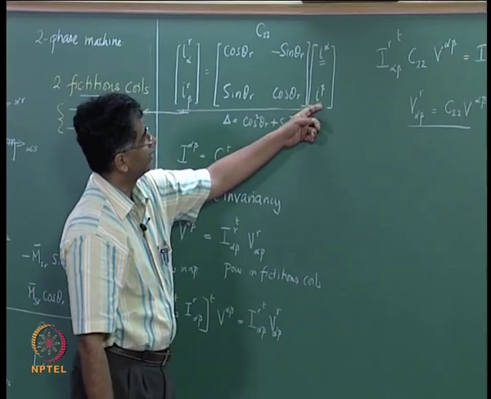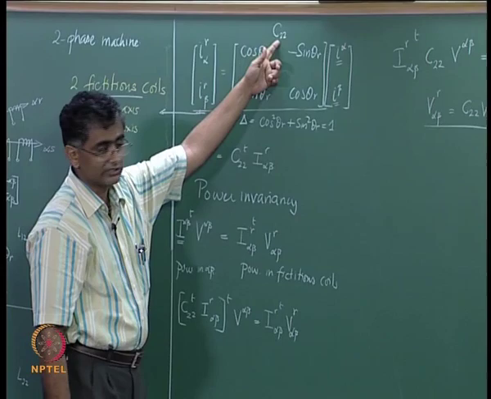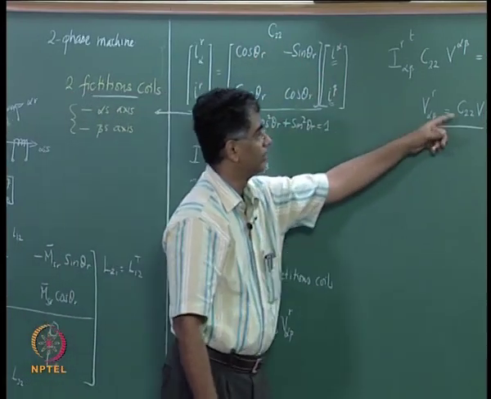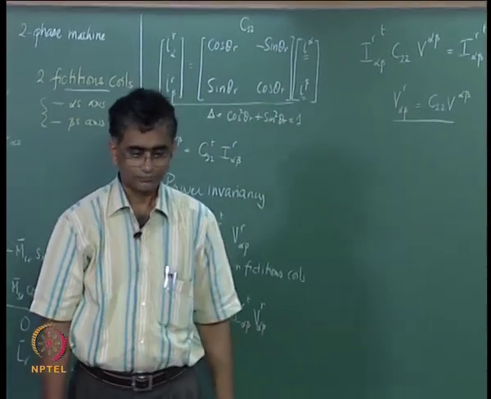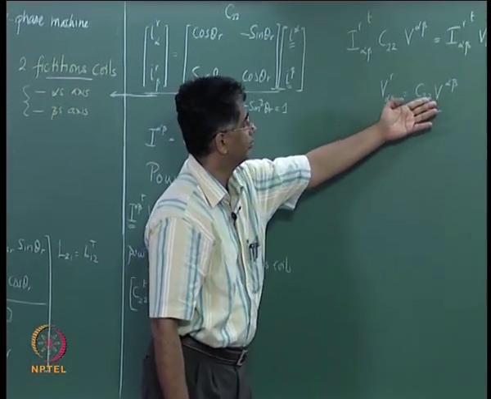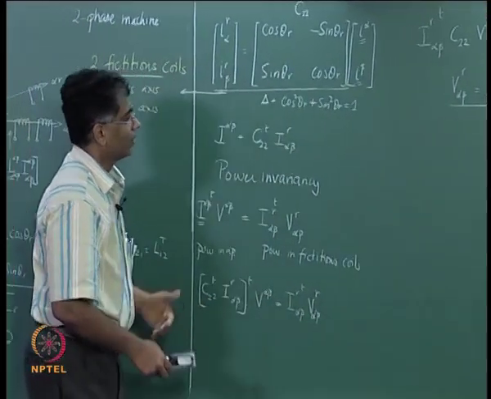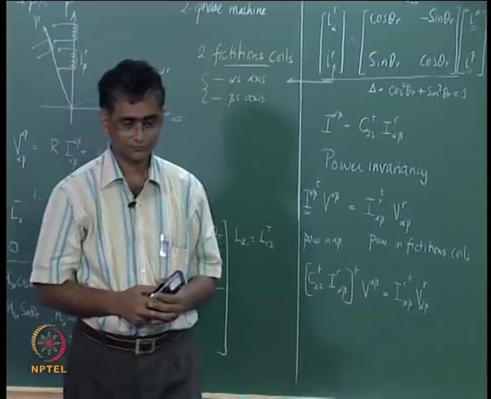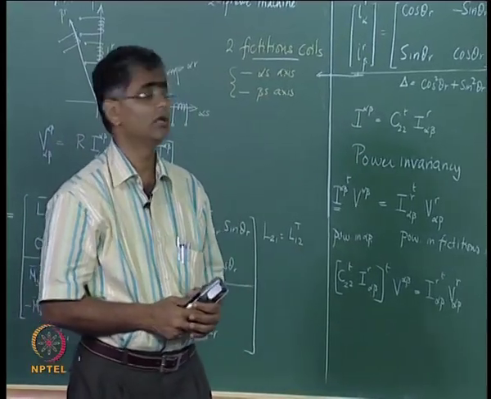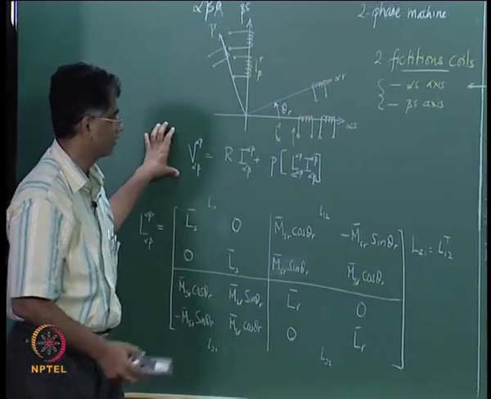I alpha beta here and I r alpha beta here are related by this C22. Similarly here also it is related, and therefore we have defined that relationship between this voltage and the fictitious coil voltage. Now having defined all this, we need to see how we can apply this to this expression for the two phase machine.